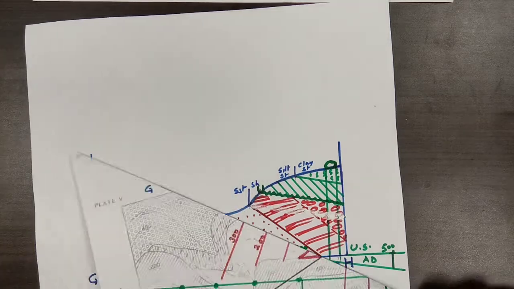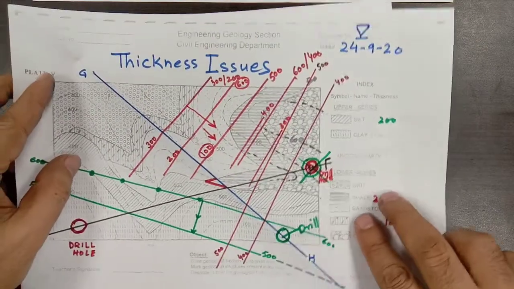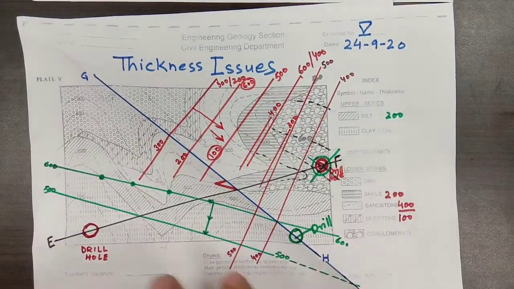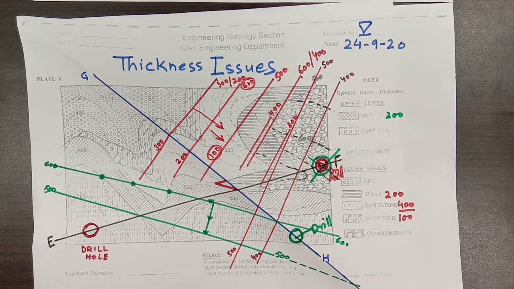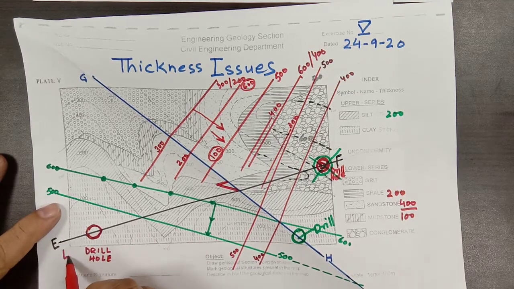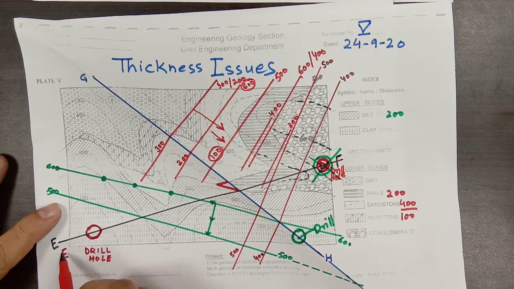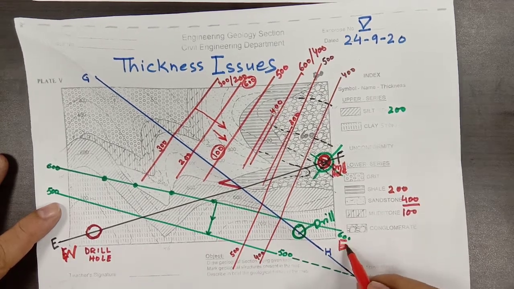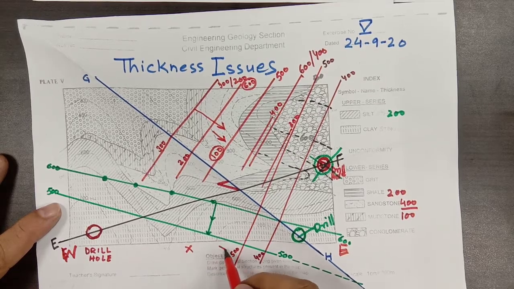So this is the solution where I have used the thickness of the rocks to solve the whole map. If you have understood this much, you can solve this map from anywhere except the southmost line, the east-west line of the map. Here you will not be able to solve it.